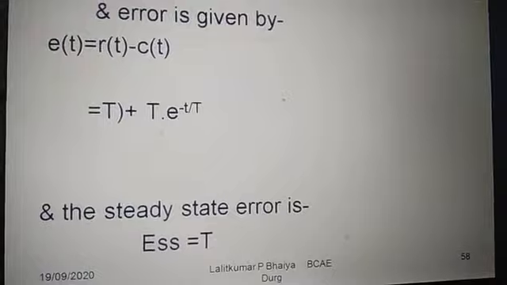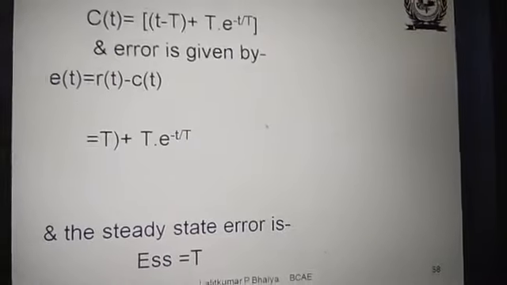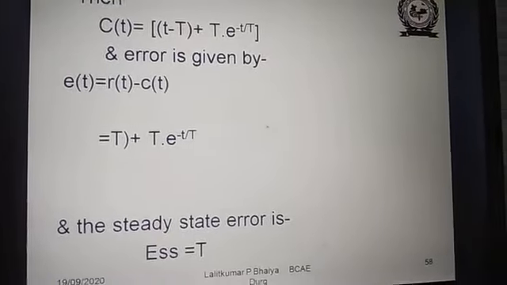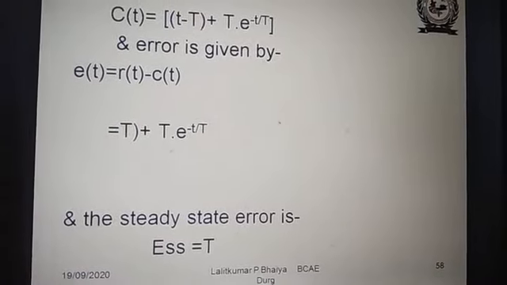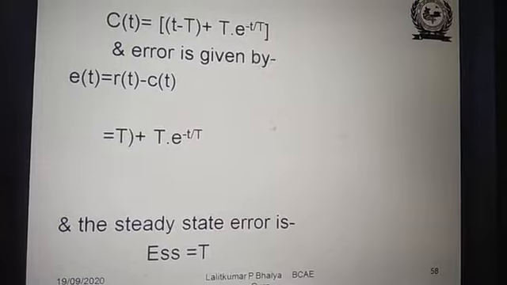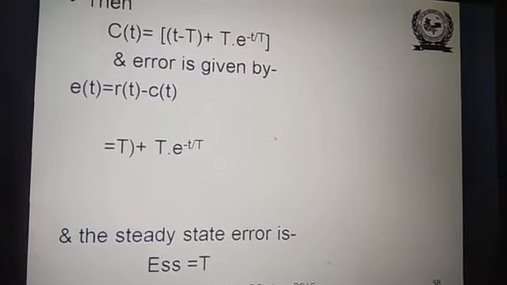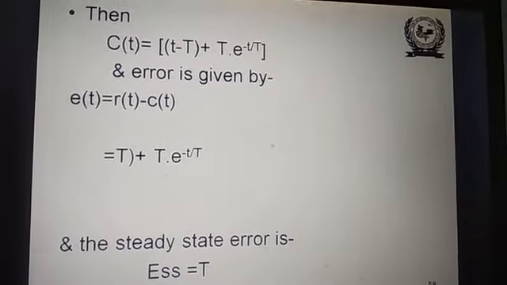So this error signal can be calculated. In an instrumentation system, we can calculate the steady state error or static error, ESS. For this equation, this ESS is equal to capital T.